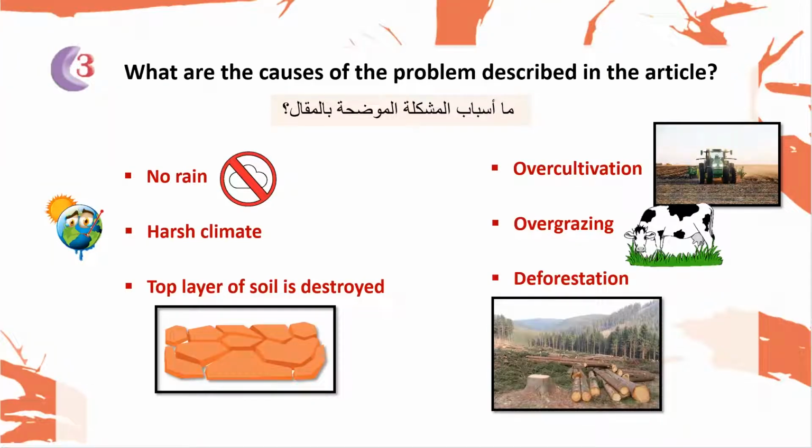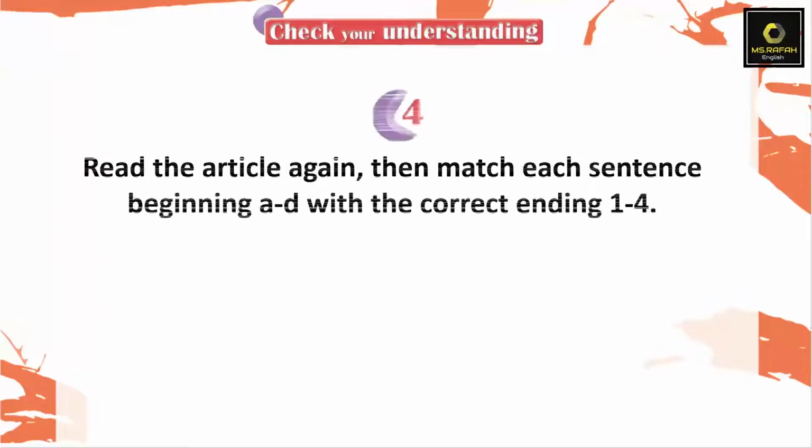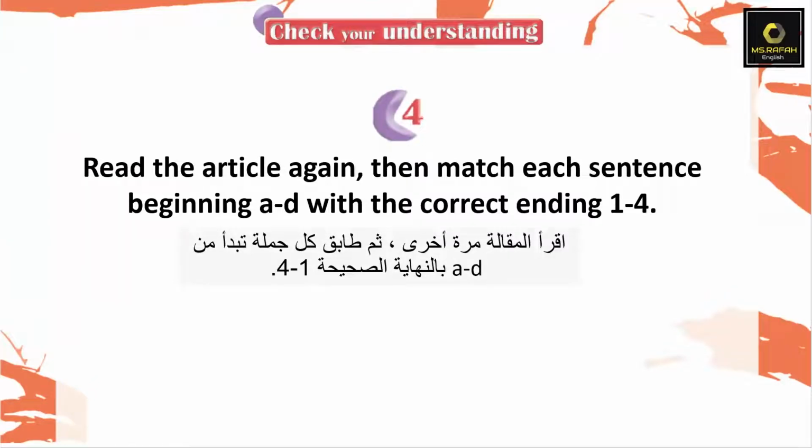This is the question that was asked in the text, and we have answered it. Now let's move on to question 4. Check your understanding. Read the article again, then match each sentence beginning A to D with the correct ending 1 to 4.